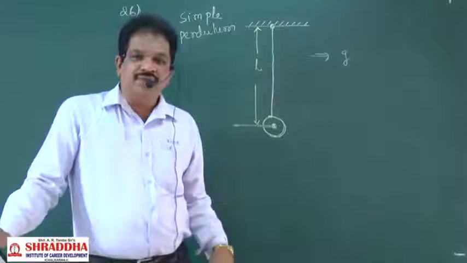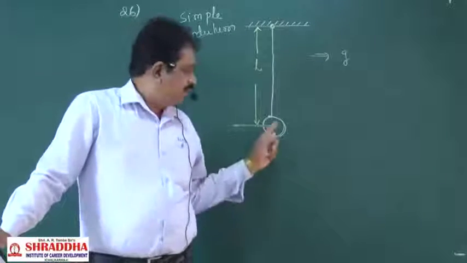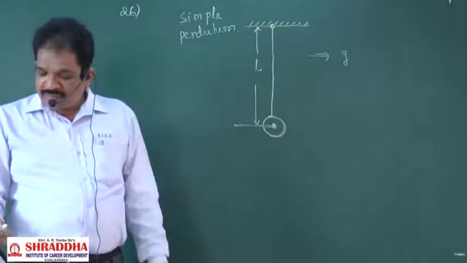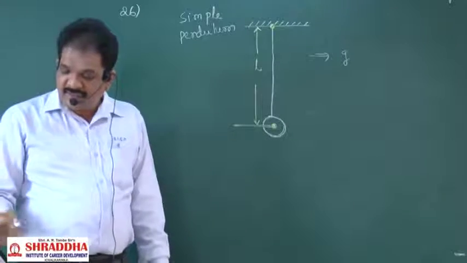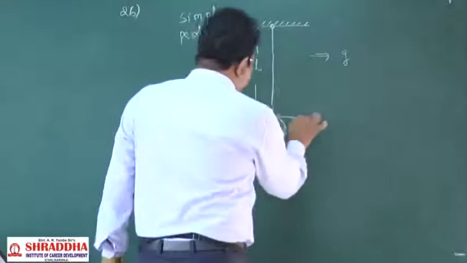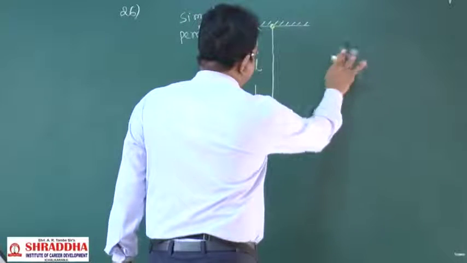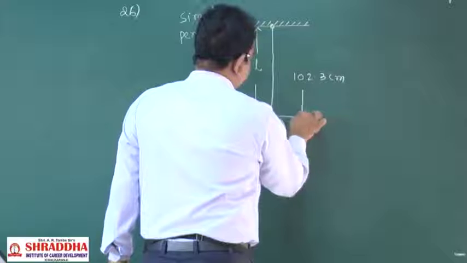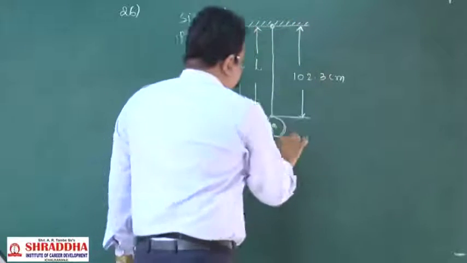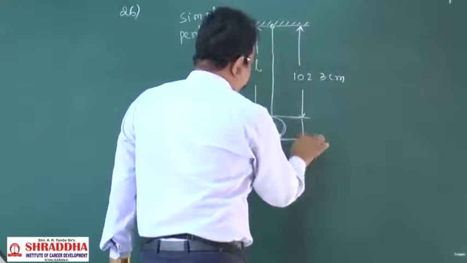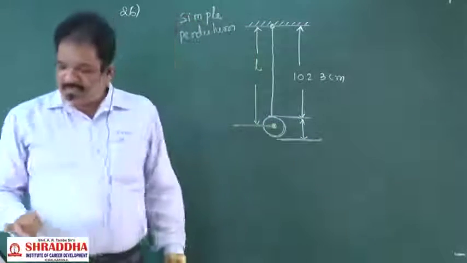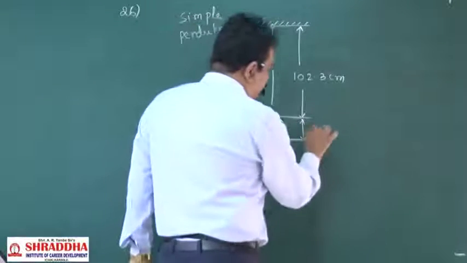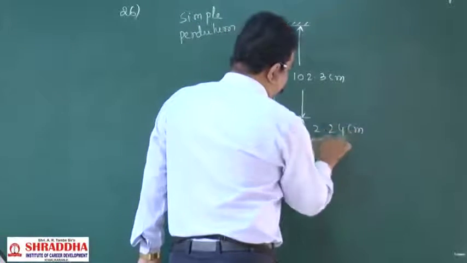Here now what is the question? See what they are asking here. One simple pendulum is there, its thread length is 102.3, means here to here. And the diameter of the bob will be 2.24 centimeter. Clear?